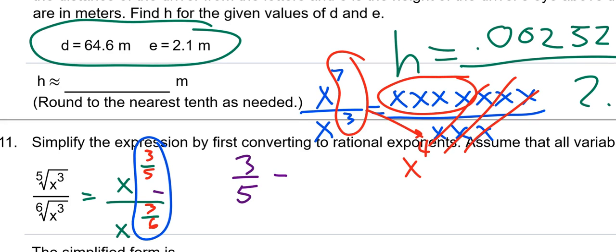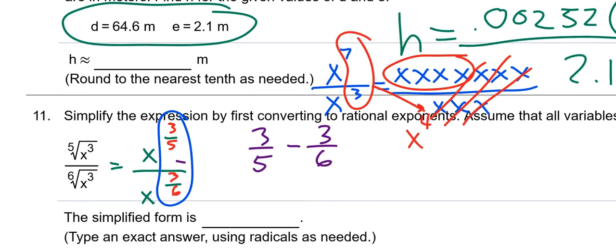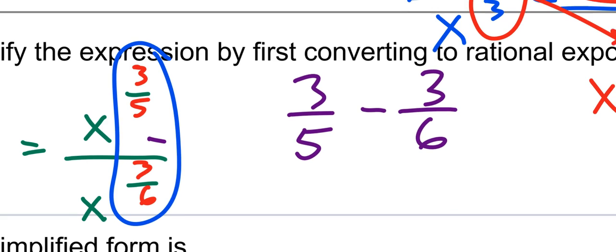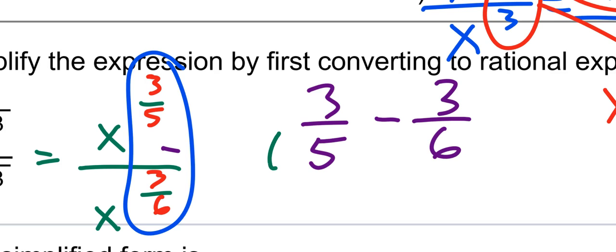3/5 minus 3/6. We need common denominators. What's the common denominator between 5 and 6? We have to multiply them together. You are right, because there is nothing in common between 5 and 6. So we are forced to multiply this one by 6 and this one by 5.